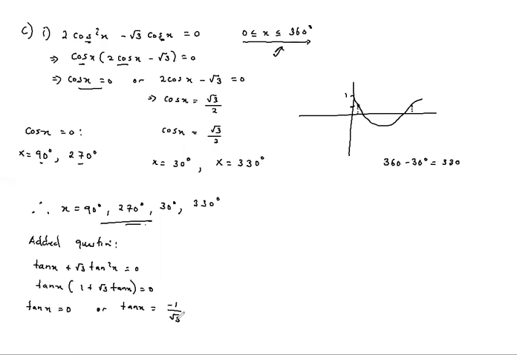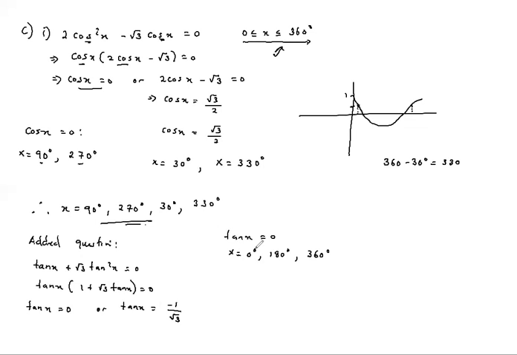So you look for the x value that gives you tan 0. For tan x is 0, this is the same as looking for where sine is 0. So you have x is 0, x is 180, and x is 360. Tan will be 0 here because sine is 0.